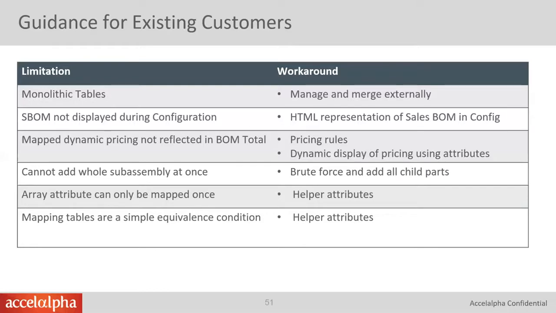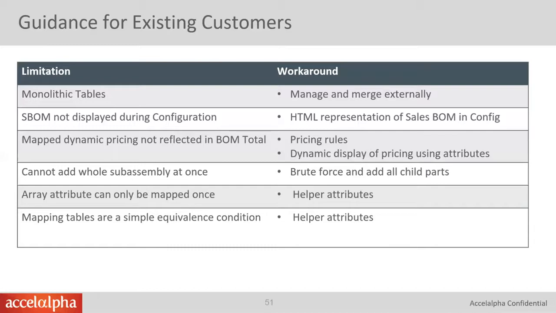You're only able to use the array attribute once when adding an item. So the workaround for that is to use helper attributes. You create another attribute which you populate. You kind of summarize the stuff that's going on in an array, and you use that in your BOM item mapping or attribute mapping instead.